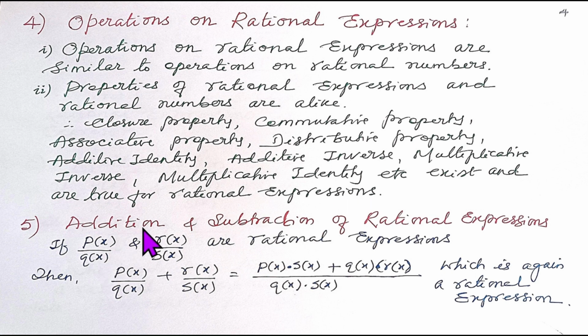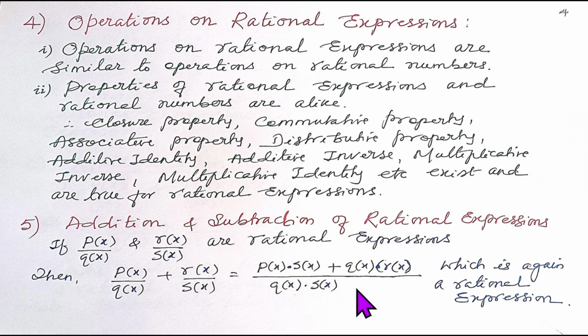Remember that. Now, addition and subtraction of rational expressions. If p(x) by q(x) and r(x) by s(x) are rational expressions, then the addition is p(x) by q(x) plus r(x) by s(x). Taking the LCM, we get q(x) into s(x), and therefore we have p(x) into s(x) plus q(x) into r(x) divided by q(x) into s(x), which is again a rational expression.